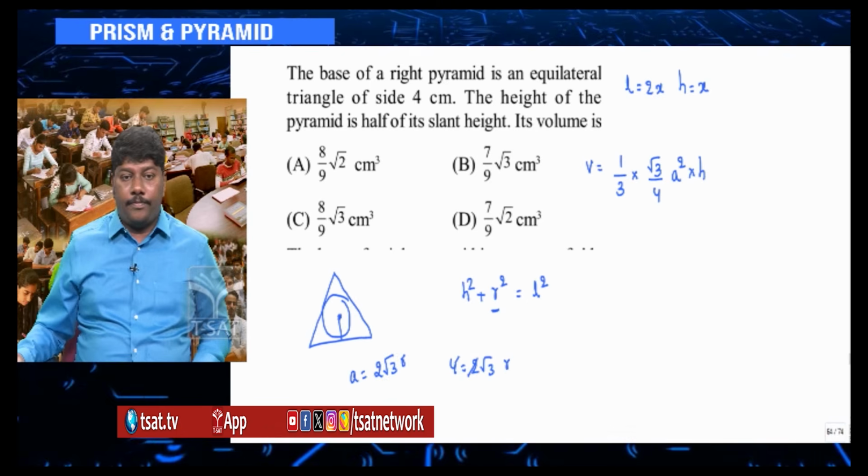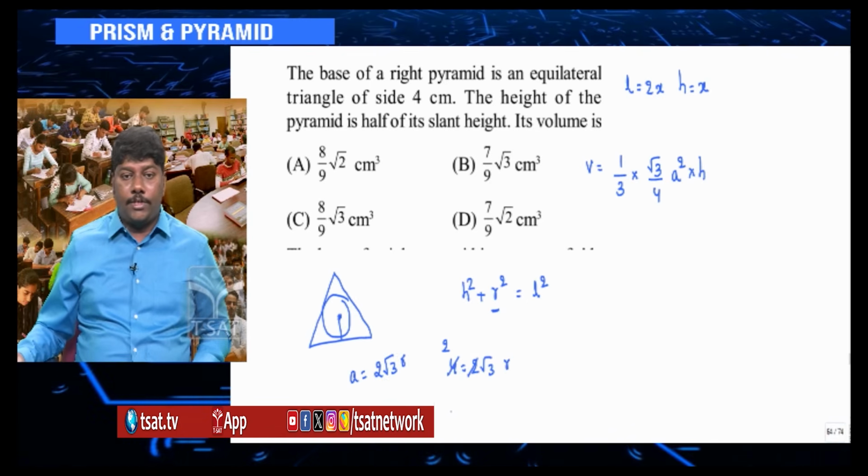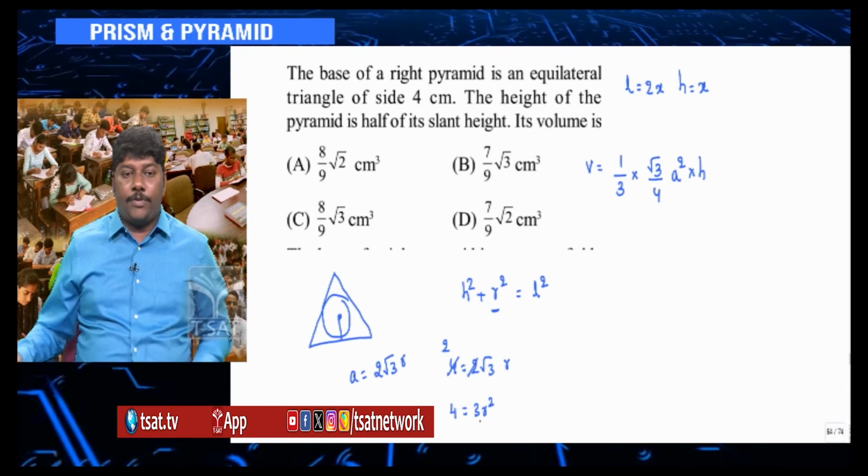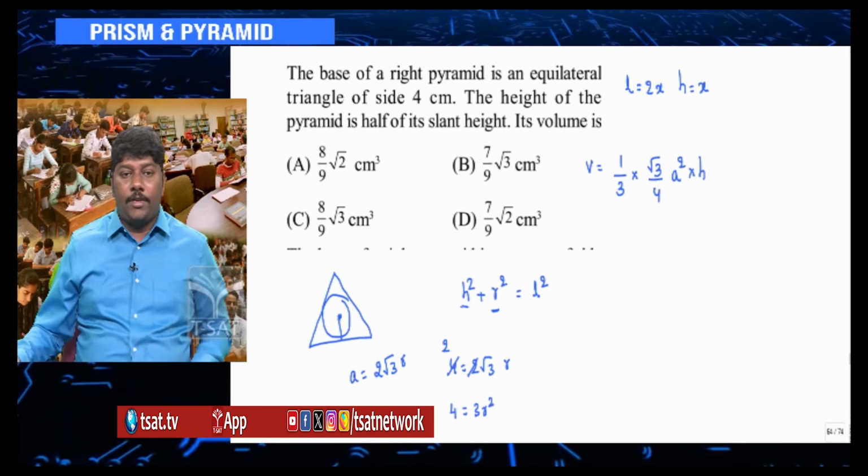Square on both sides: 16 is equal to 12r square. Therefore, r square is equal to 4/3.